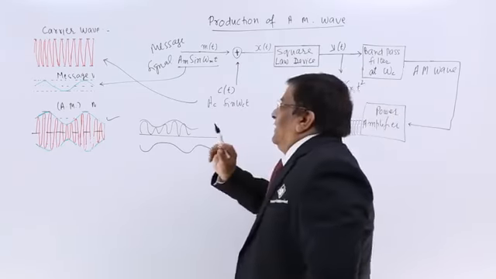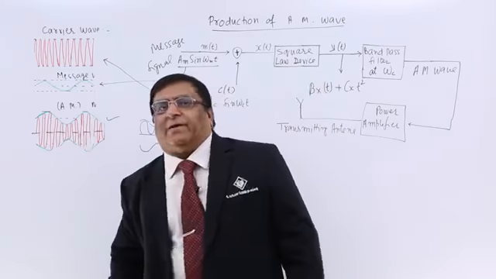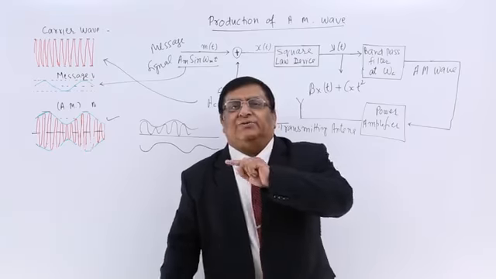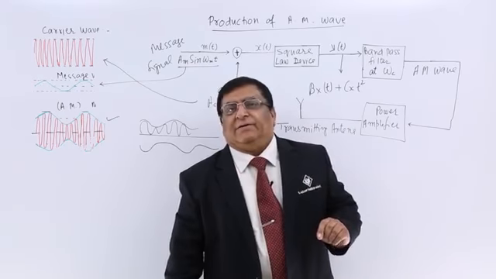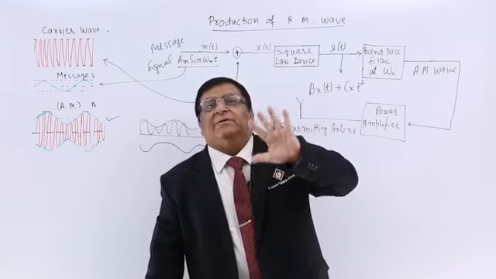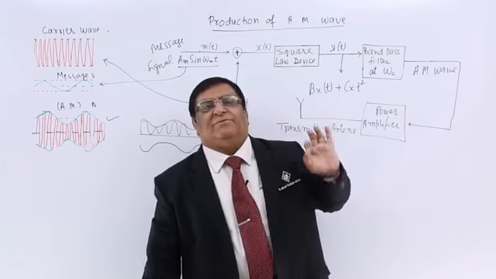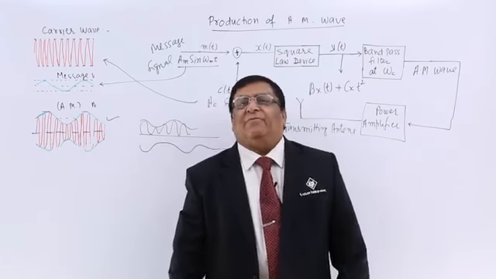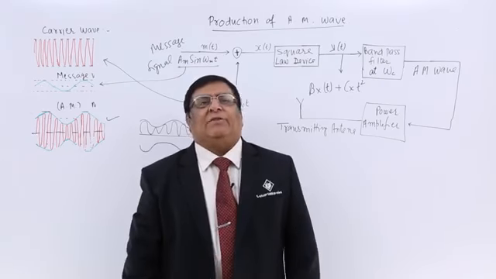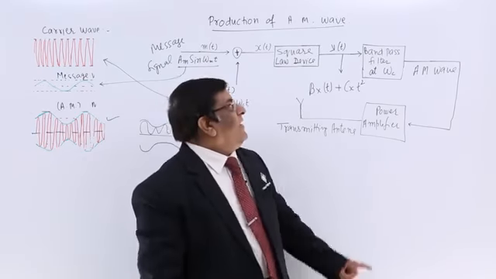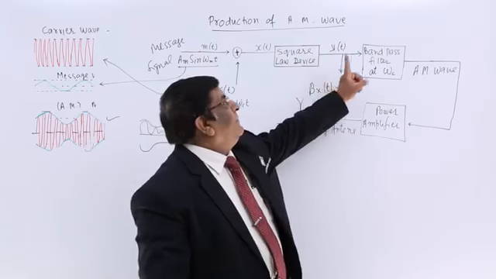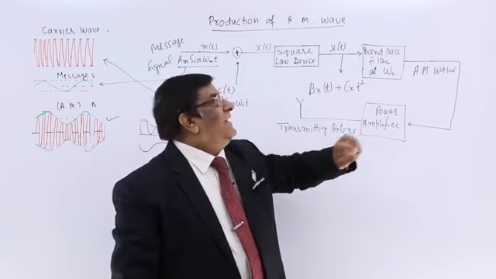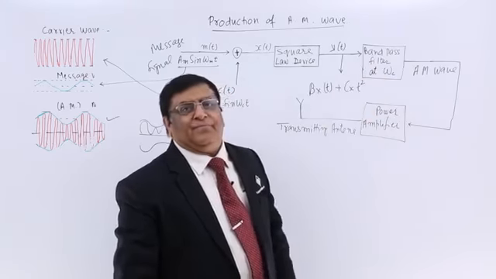When the square system is applied, there are so many waves generated. Not only 3, but there are 7, 8 waves produced, but either they have a very high frequency or they have a very low frequency, and therefore we pass them through a band pass filter which is centered at omega c.